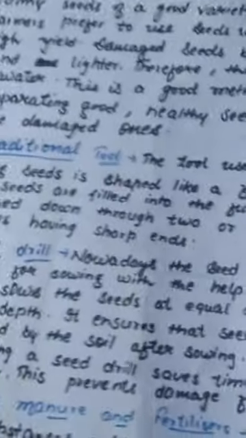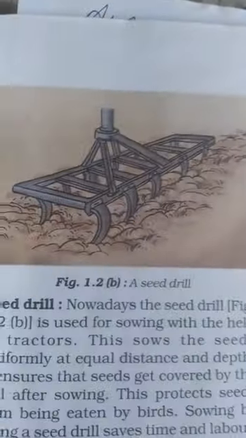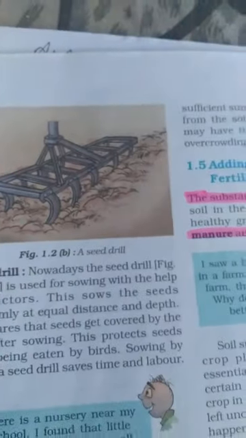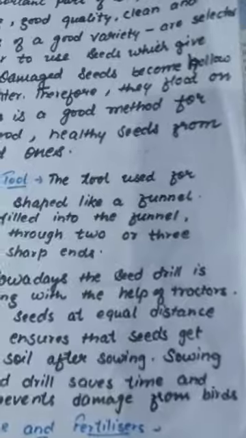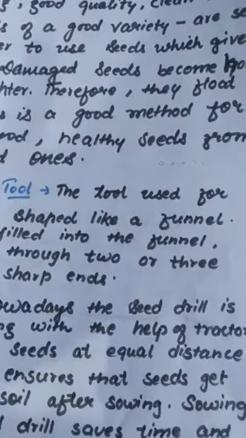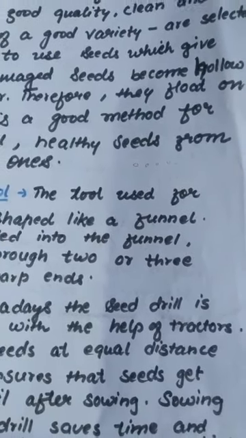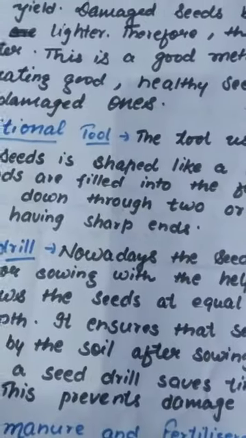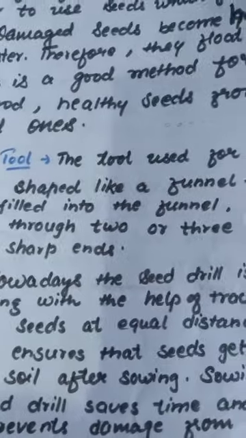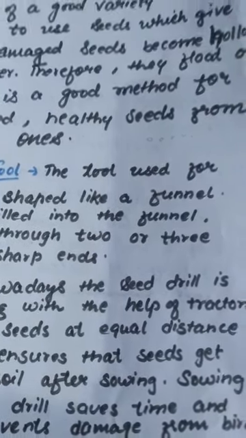And second is the seed drill. Seed drills look like that. You can see nowadays seed drills are used by the farmers. Earlier farmers put the seeds in by hand, and this is the best technique in which the seed drill is used. It is connected to the tractor, as you can see here.